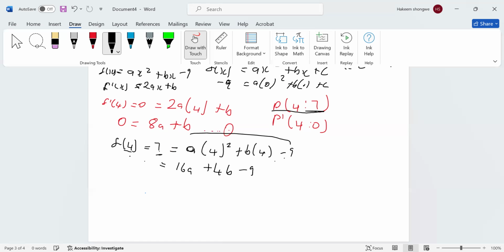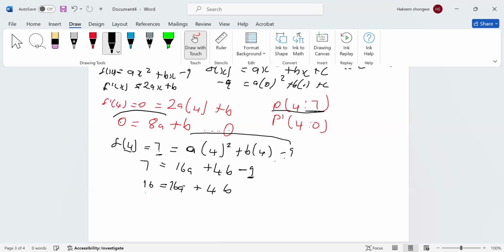Then move the 16 to the other side, minus 9. Don't forget the 7. Then you have 16a plus 4b. So then to make things easy, I'm going to make this one simple.